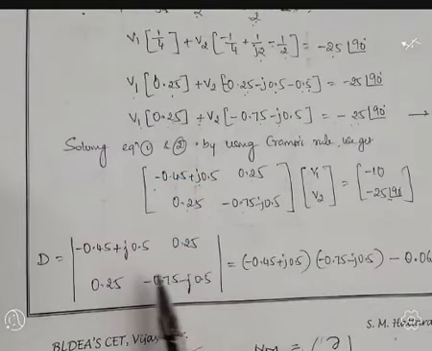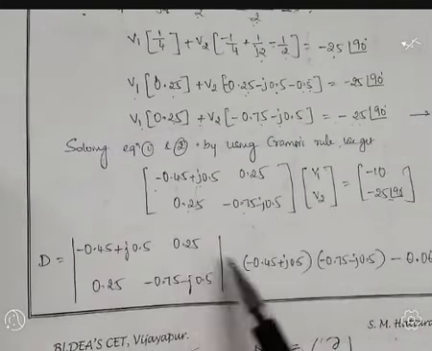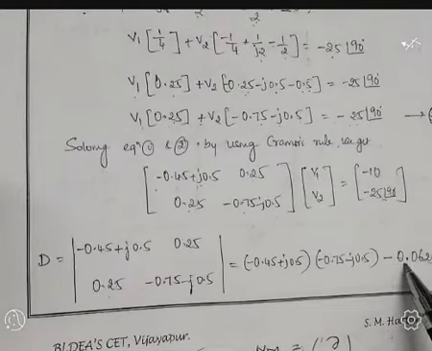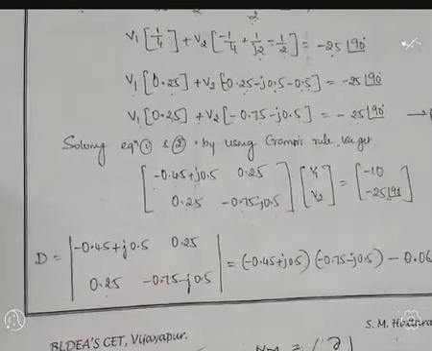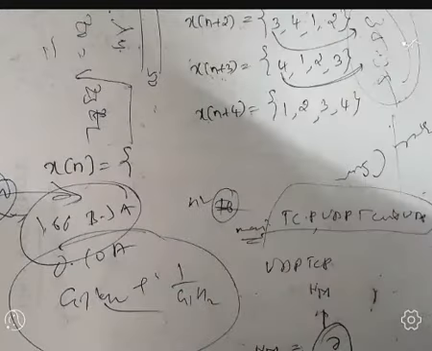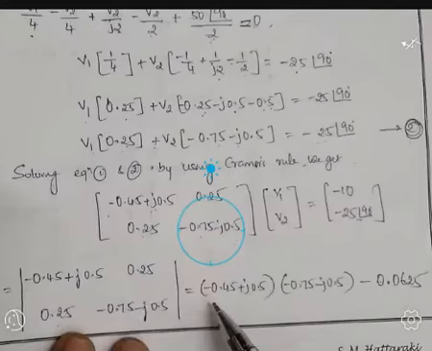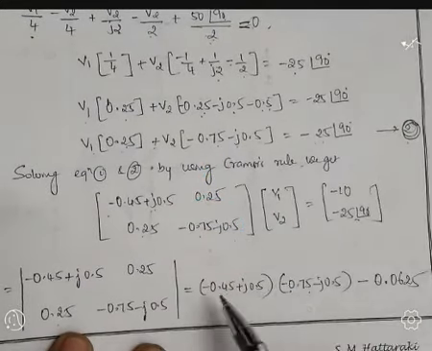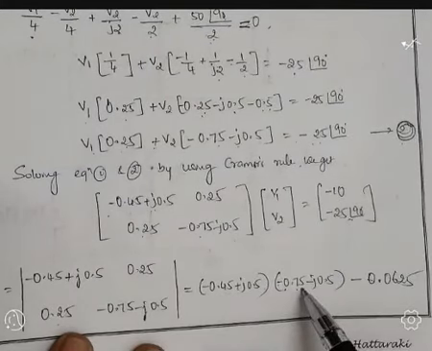Next step is multiplication of these two. Here I written minus 0.25 into 0.25, that is minus 0.0625. For the simplification of this one, minus 0.45 into minus 0.75, minus into minus is plus, 0.45 into 0.75 is 0.3375.